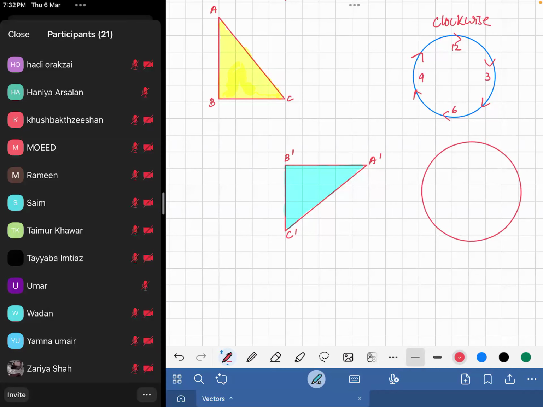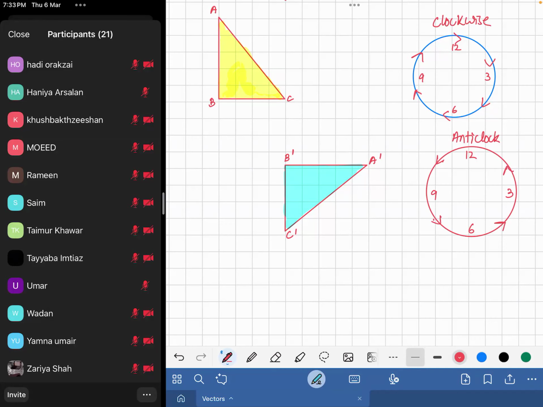But what is anticlockwise? It's the same thing but in the opposite direction. Anticlockwise, for example, 12, 9, 6, and 3. So your rotation will be going this way, anticlockwise.